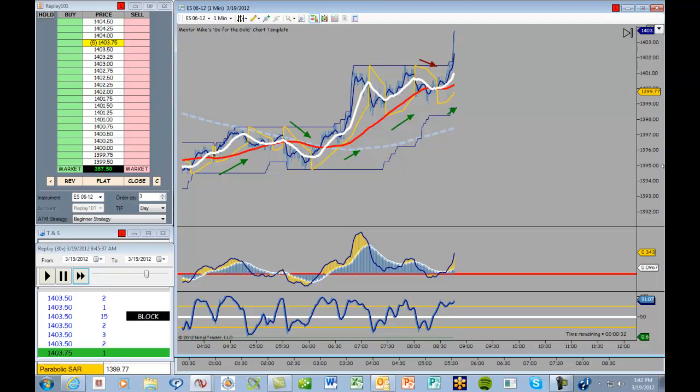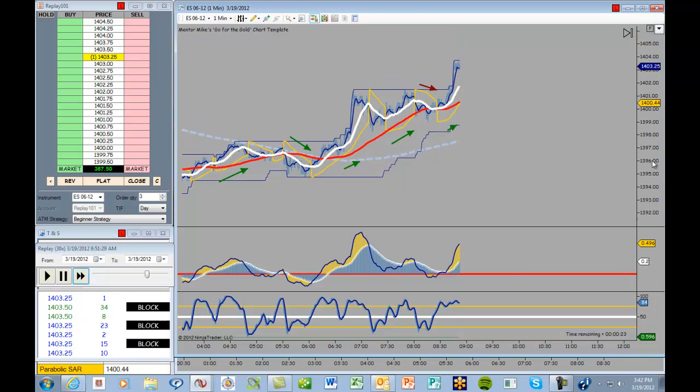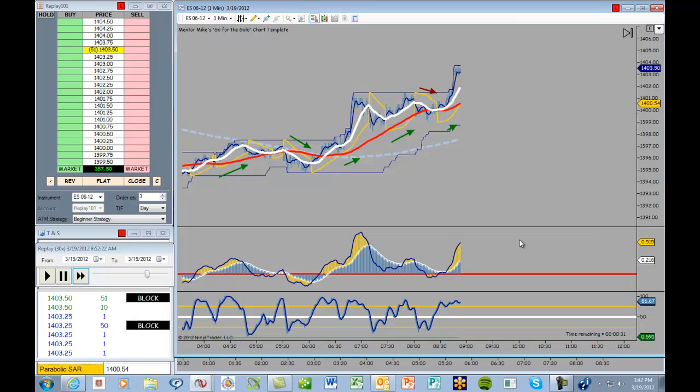Ooh, that took off like a shot there and hit both targets. Okay, so we're basically back to where we were before the loser, so that's not too bad. Now let's keep our eyes peeled for another opportunity to get long here.